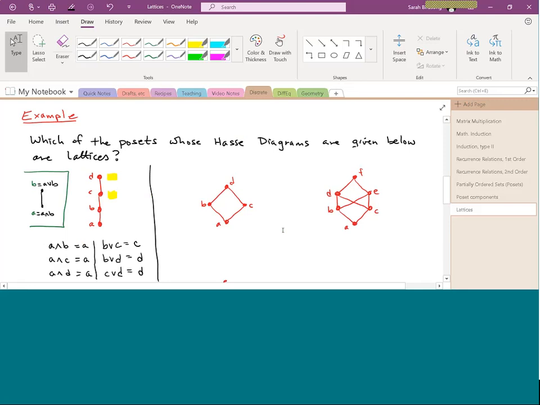So if we look at meets first, we could have A meet B. We could have A meet C. We could have A meet D. We could also have B meet D, or C meet D. Oh, and B meet C. I knew I was missing one and I just didn't spot it.